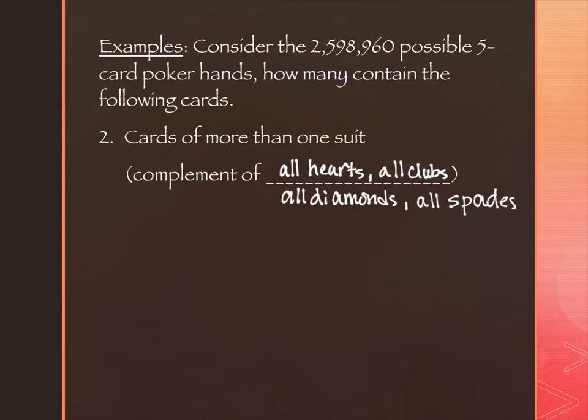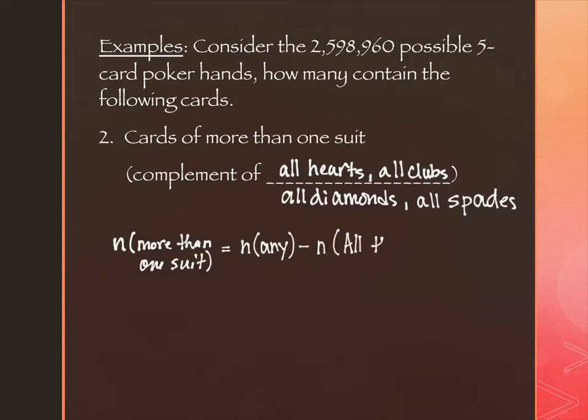So when we're thinking about this one, we have the number of ways of getting more than 1 suit, and this is the number of ways of getting any hand minus the number of ways of getting all the same suit.